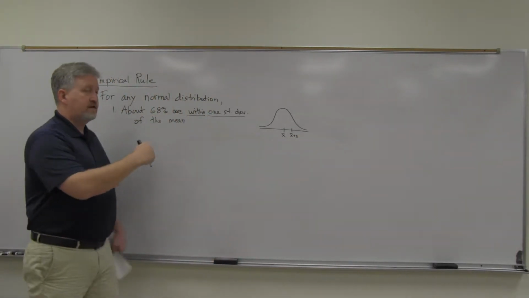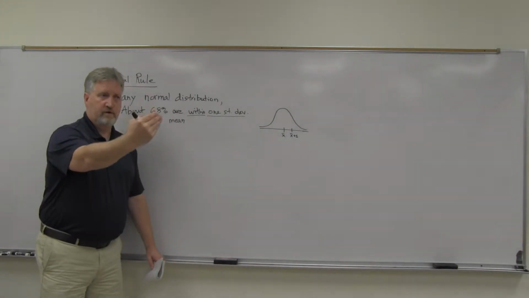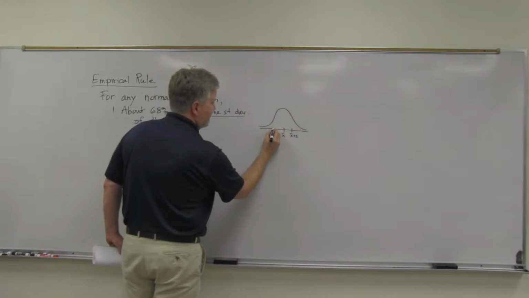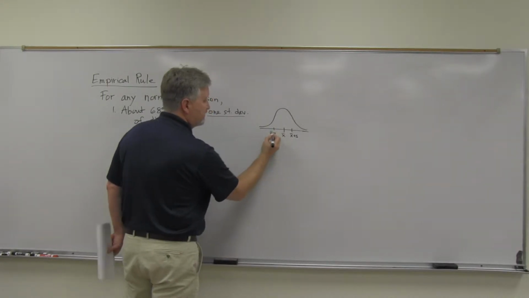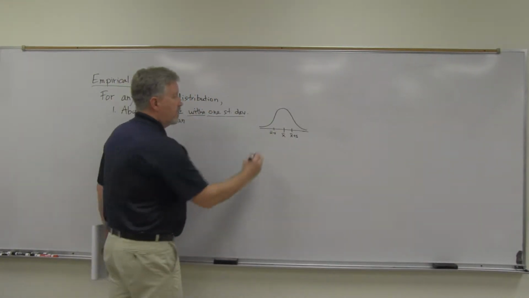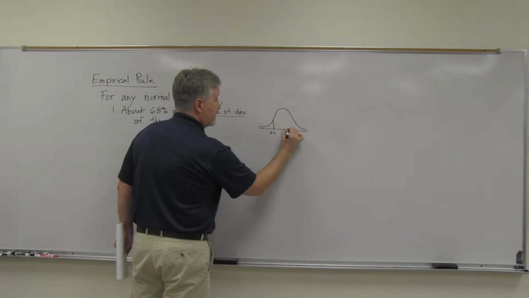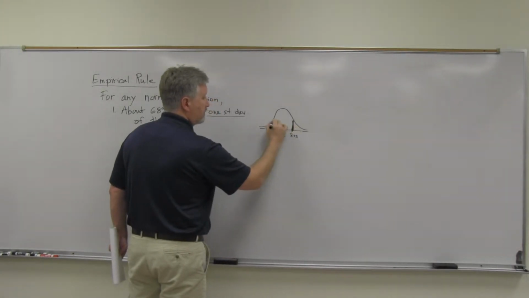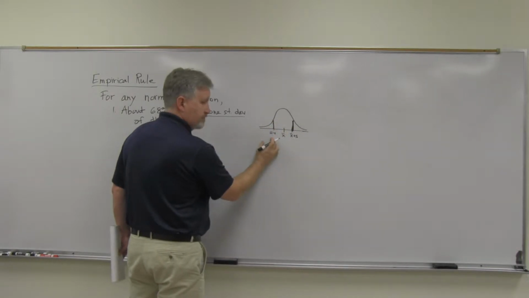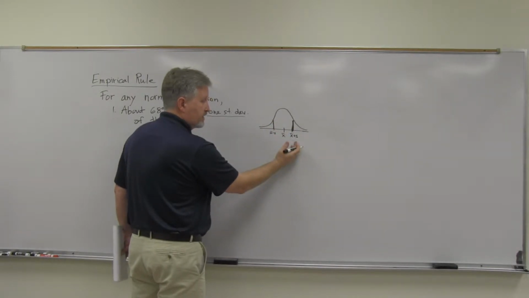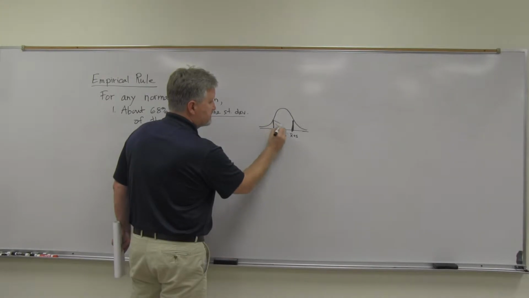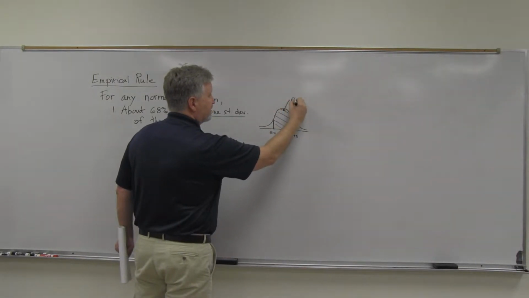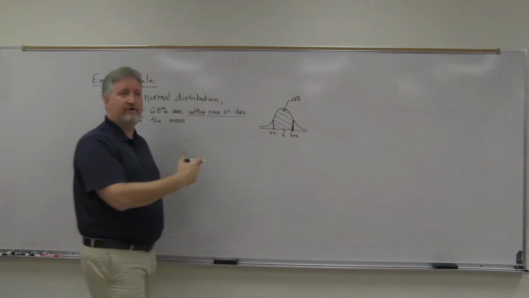Now within 1 doesn't just mean 1 above, you could also go below. So if I subtract a standard deviation from the mean, you know what I'm saying there? What we're talking about is this area right in here, from this, whatever it is, to this one. What this is saying is that's 68% right there. 68% of the values are in there.